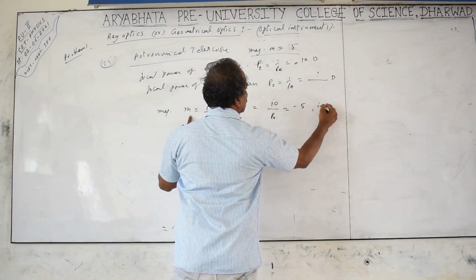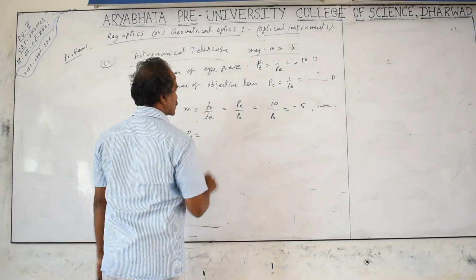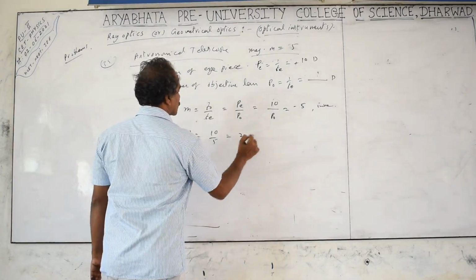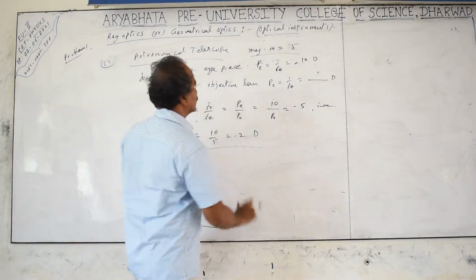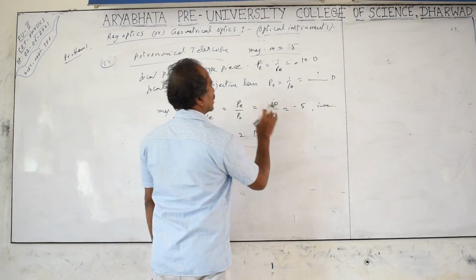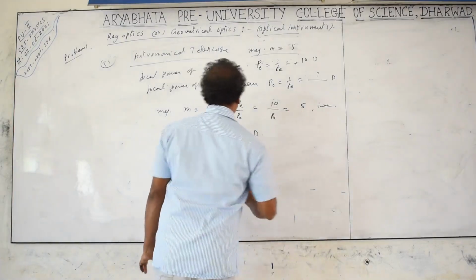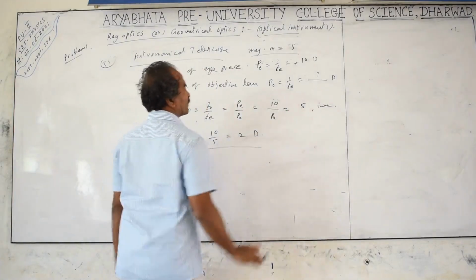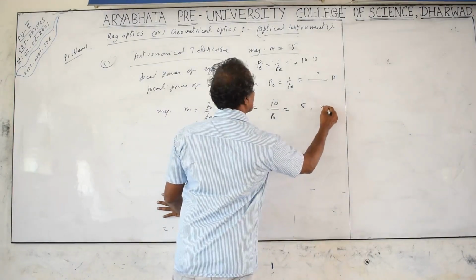Negative means inverted images. Power of the objective lens equals 10 by 5, which equals 2 diopters. We should not take the magnification formula's sign for powers, since a negative power would mean a concave lens. So please don't take the minus here. Take only the magnitude. The final image is inverted, of course.